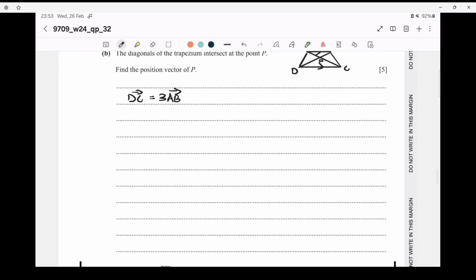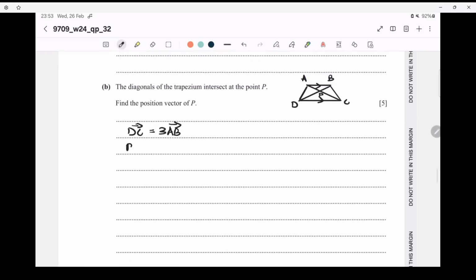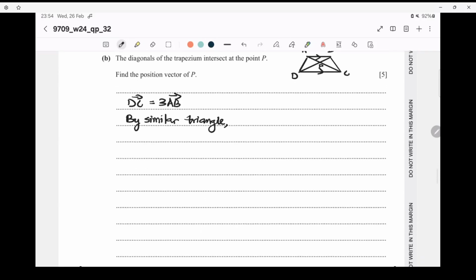So then by similar triangle, 3AP will be equal to PC, or AC has 4 parts. So then what is AC?